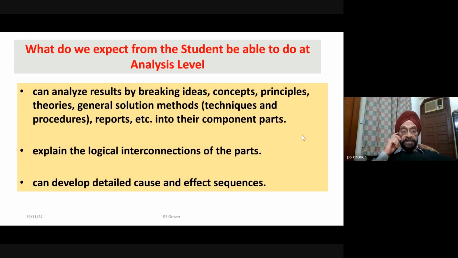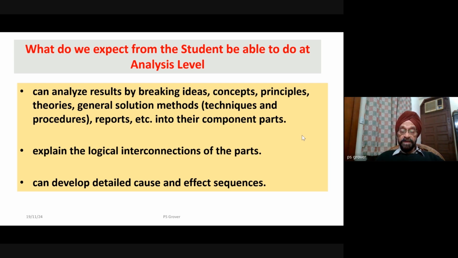So at the analysis level, what do you expect the student to be able to do? He can analyze results by breaking down ideas, concepts, principles, theories, general solution methods, reports, etc. That means the student is able to find out the better significance of the concept.